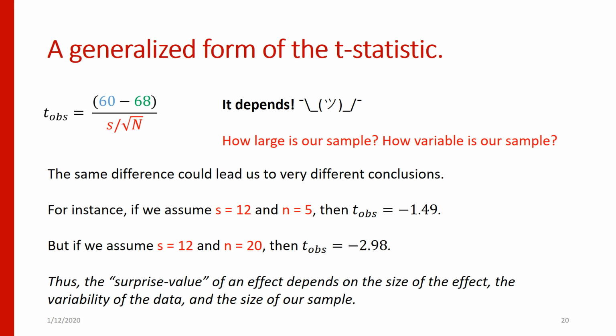So we have to make certain assumptions about the way data are distributed, and then we can calculate probabilities based on those assumptions. And we know that due to the central limit theorem, if we take sample means, we're going to get distributions of sample means that follow the t-distribution. And this is very, very powerful because it allows us to make statements about the probability of observing a sample mean even if we don't have access to all the data in the population.